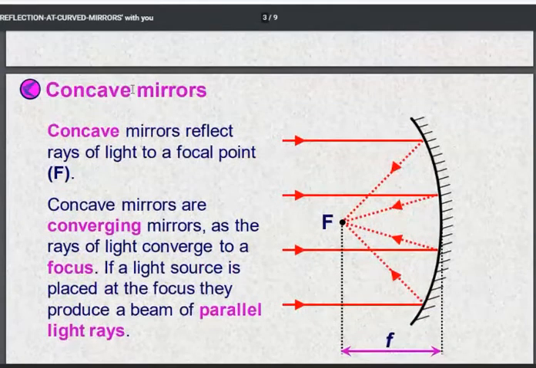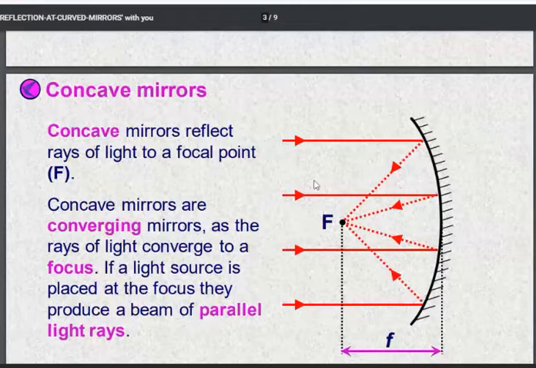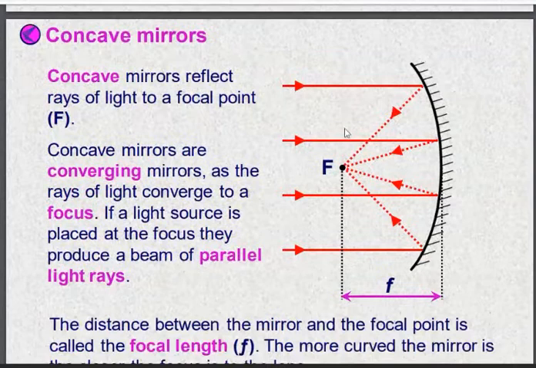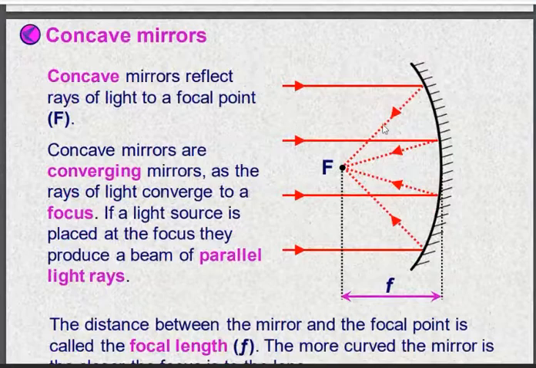A concave mirror reflects rays of light to a focal point F. All the incident rays parallel to the principal axis are reflected back to a focal point in the case of a concave mirror. Therefore, concave mirrors are called converging mirrors, because they converge all the parallel incident rays to a focus after reflection.